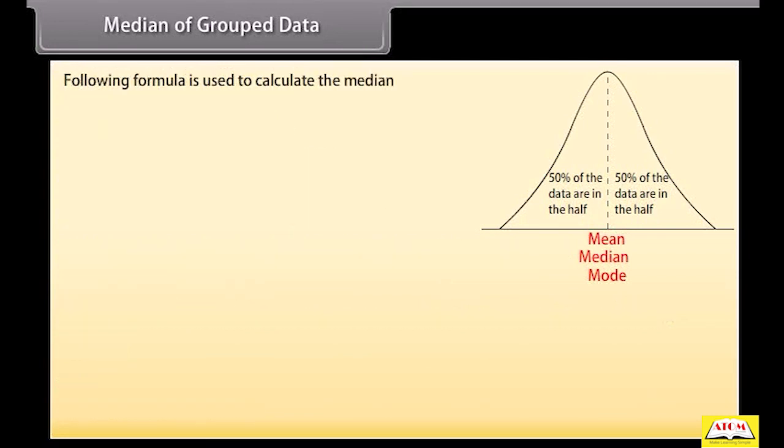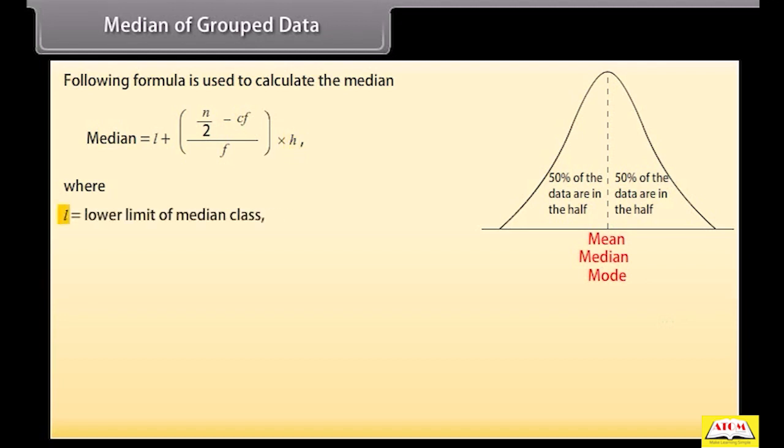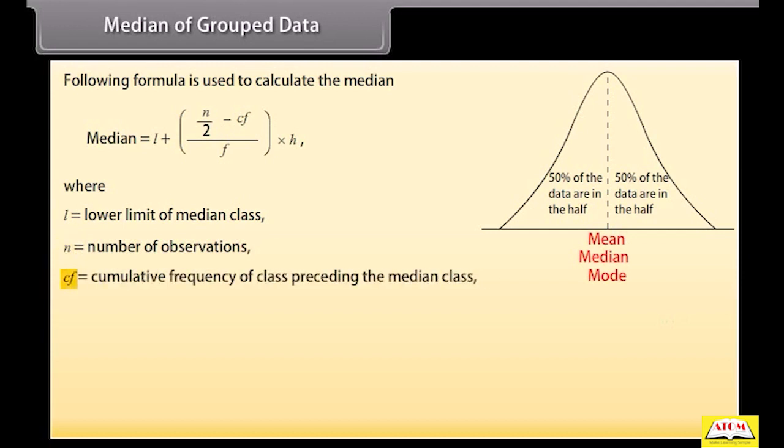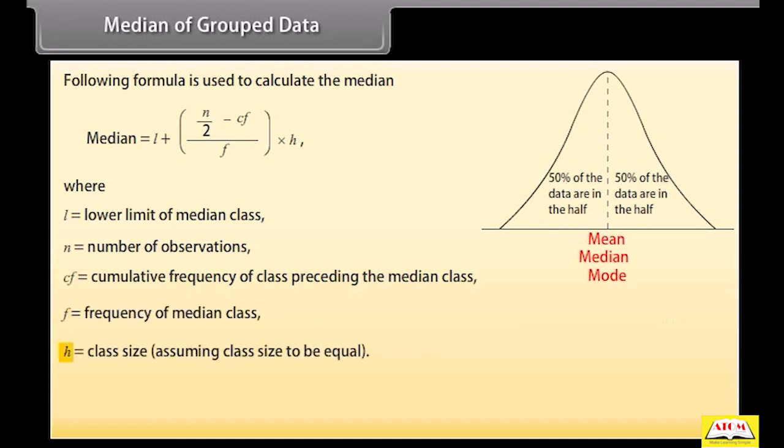The following formula is used to calculate the median: L plus (n by 2 minus CF) divided by f, multiplied by h, where L is equal to the lower limit of the median class, n equals number of observations, CF equals cumulative frequency of the class preceding the median class, f equals frequency of the median class, and h equals class size, assuming class size to be equal.